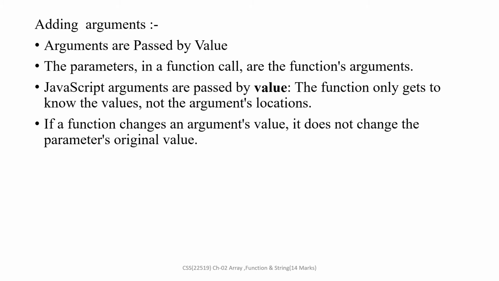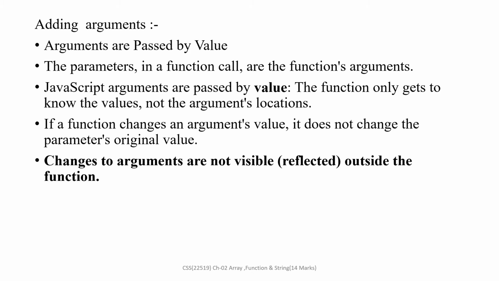If the function changes an argument's value, it does not change the parameter's original value. Changes to arguments are not visible, or not reflected, outside the function. Means arguments is an array-like object accessible inside the function, and it contains the values of the arguments passed to that function.